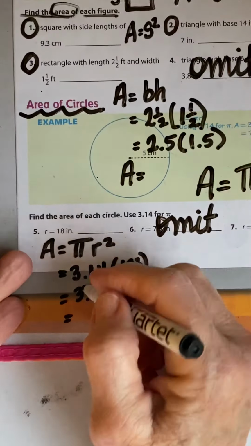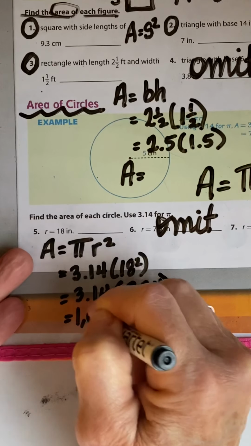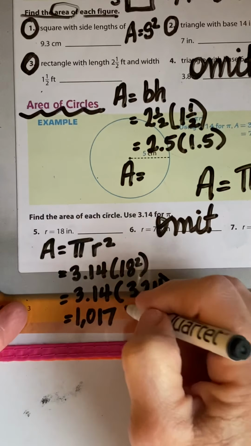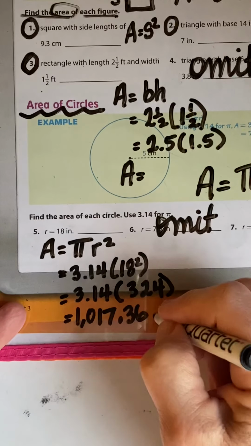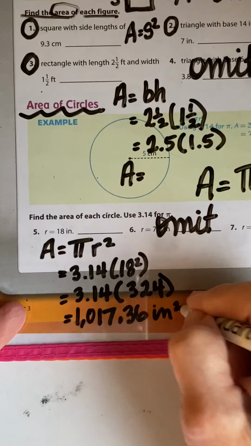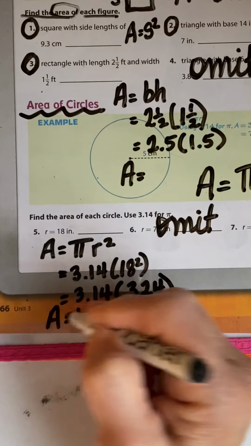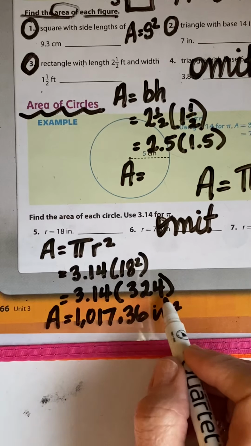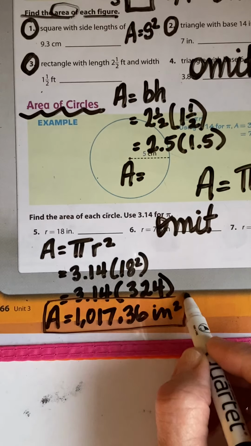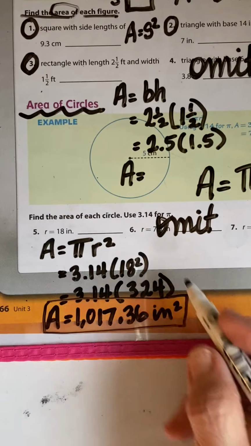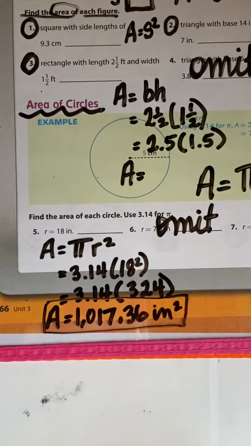Answer is 1,017 and 36 hundredths. These units are inches squared. So the area for number 5 is 1,017.36 inches squared, and write it on that line, please.